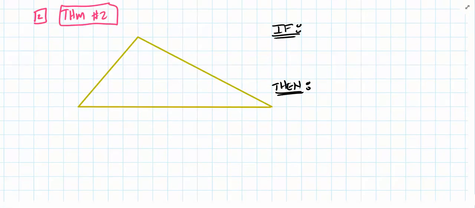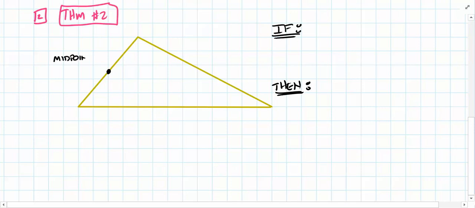So theorem number 2. It's an if-then statement. It's involving a triangle in this case. If I take one of the sides of the triangle and I find the midpoint, would you say that's about the midpoint of that segment right there? Sure. That means that this segment and this segment are congruent to each other. That's what midpoint means.